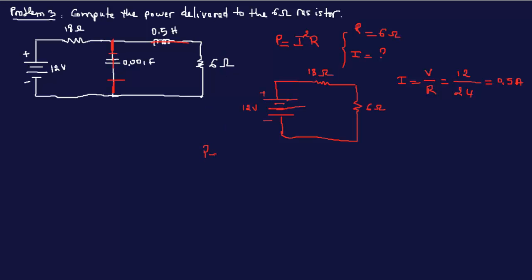P is equal to 0.5 squared times R, which is 6 because that's the question. Taking our calculator, times 6, that's 1.5 watts. That's it.